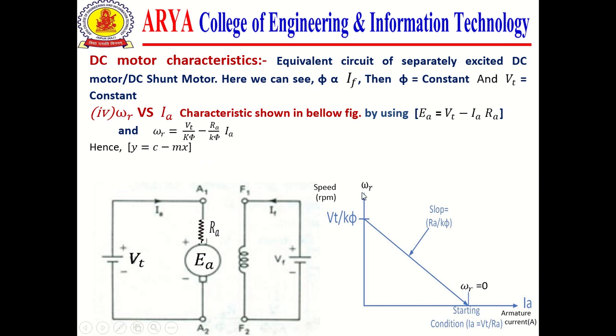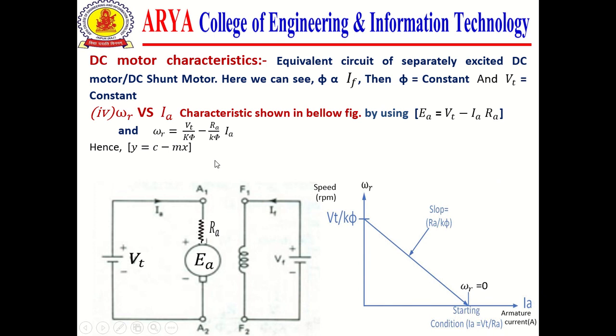If we represent omega r, speed, on the y-axis and armature current on the x-axis, we can see that at the time of starting, speed is 0. If speed is 0, then back EMF is 0, so from this relation, armature current Ia equal to terminal voltage upon Ra, which is the highest.